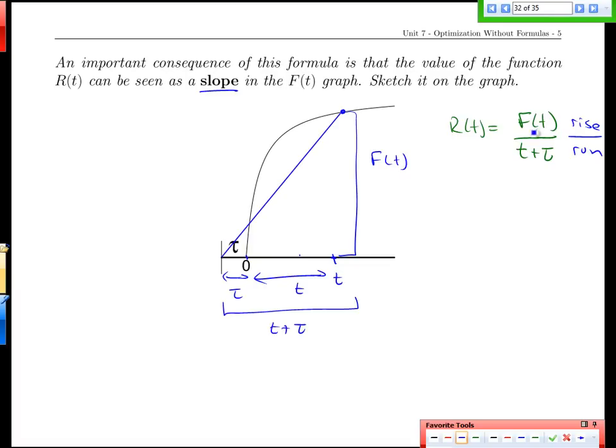If we pick a different t value, let's do one in red, if we picked another t value here, so that was our t interval, we go up the graph here, we would take the same anchor on the left, go up to our graph. There we go. The slope of this line would be our rate of gathering.